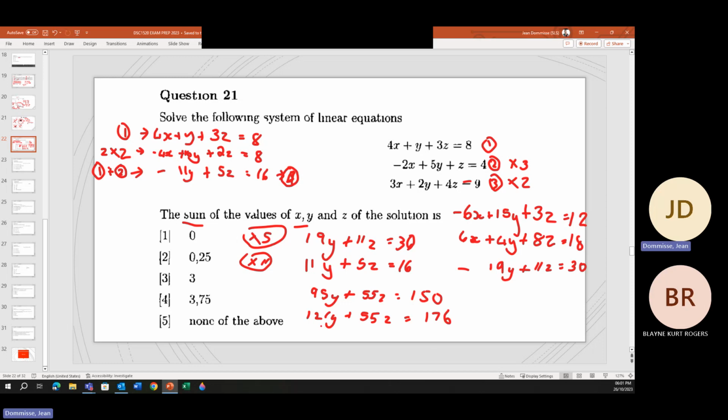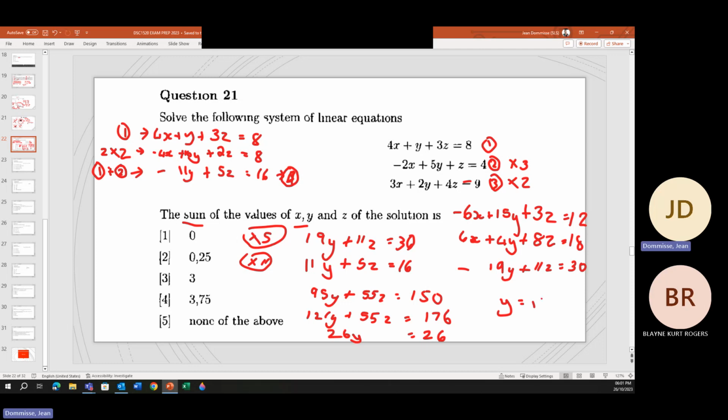Okay, so 26y will be equal to 26. So y will be equal to 1.